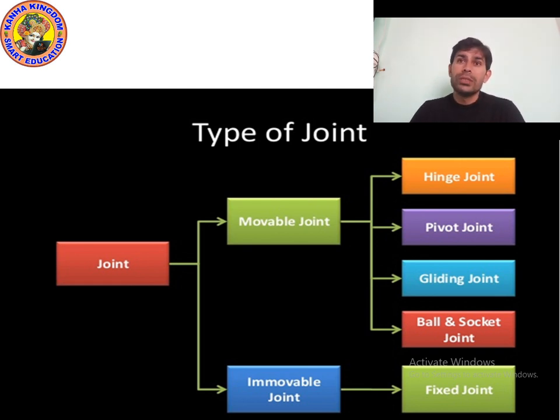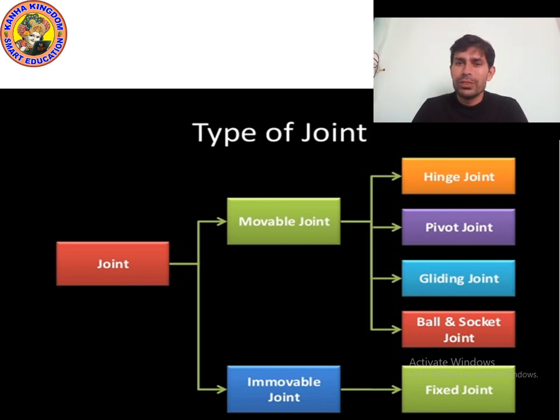There are two types of joints in our body: movable joints and immovable joints. Movable joints can be divided into four parts. Which are the four?